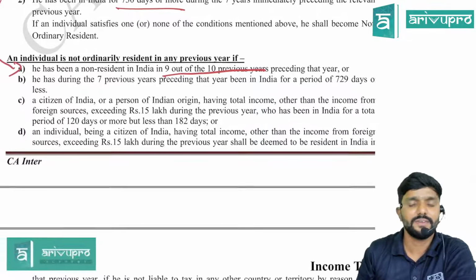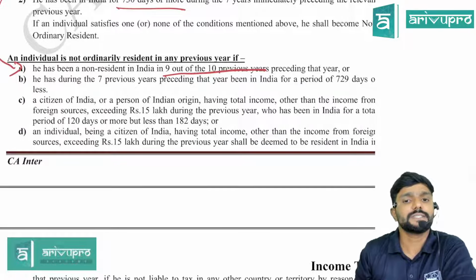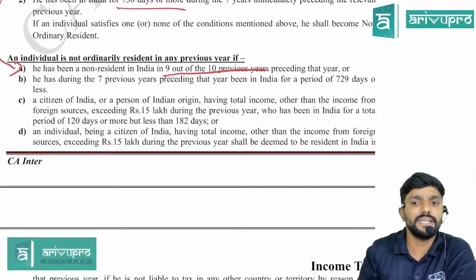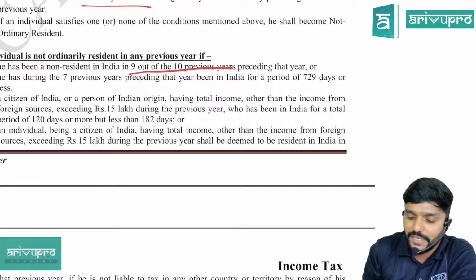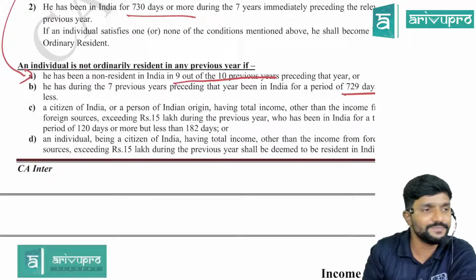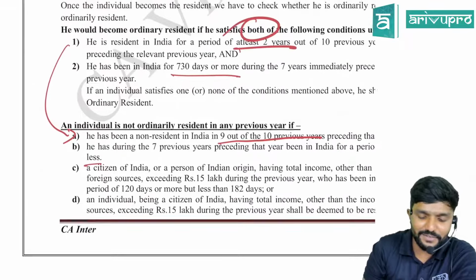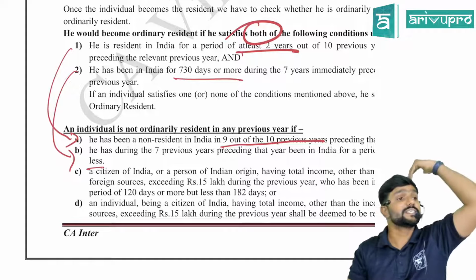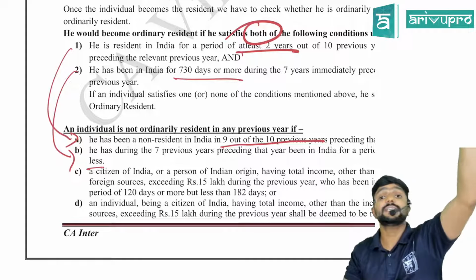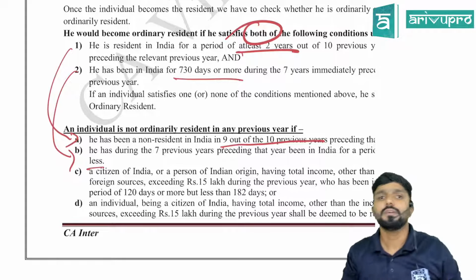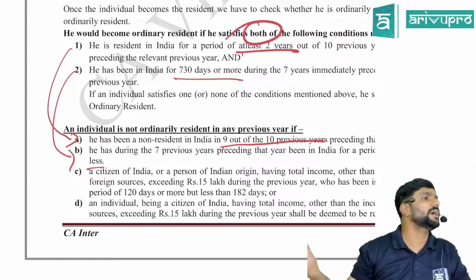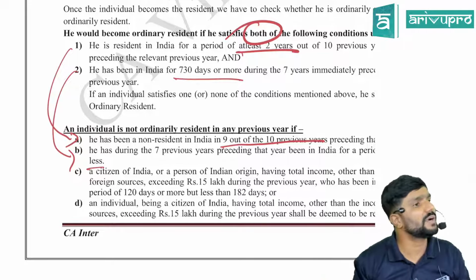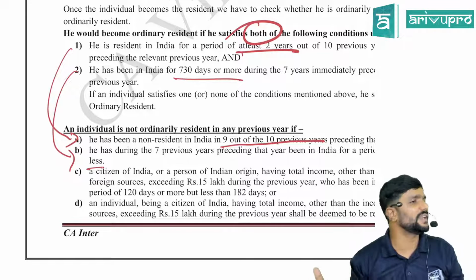Then next one. He has during the 7 years preceding that year been in India for 729 days or less. Again, they have reversed the second condition. What was the second condition under 6(6)? 730 days or more. Less than 730 means not satisfied, and not satisfied means you become not ordinary resident.